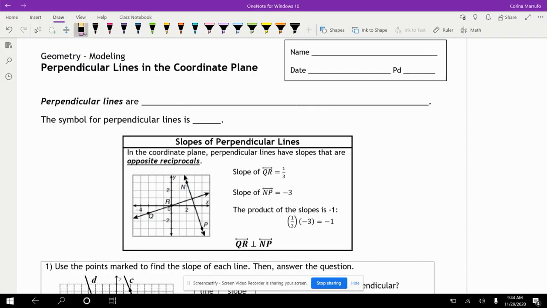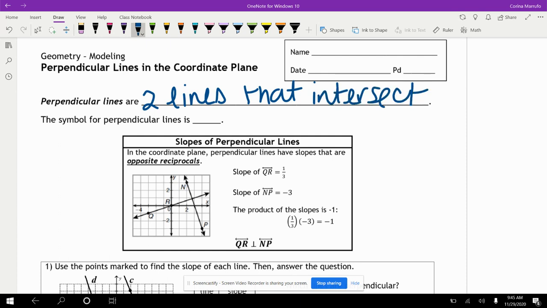So we're going to go ahead and cover next perpendicular lines on the coordinate plane. So yesterday we did parallel lines. Today we're doing perpendicular lines, and they are two lines that intersect to form a right angle.